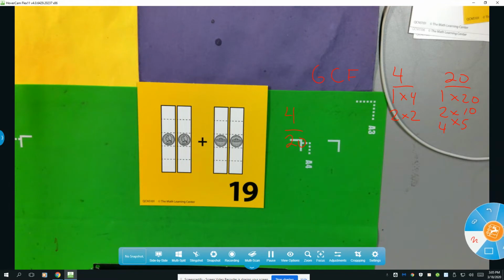Bring that down here. And when we look up here, we can obviously see that the greatest common factor of both numbers is 4. So I'm going to take 4/20ths. It equals itself with a long line. And then I'm going to divide both numbers by the greatest common factor. So divided by 4 and divided by 4. What that will equal is 1/5.